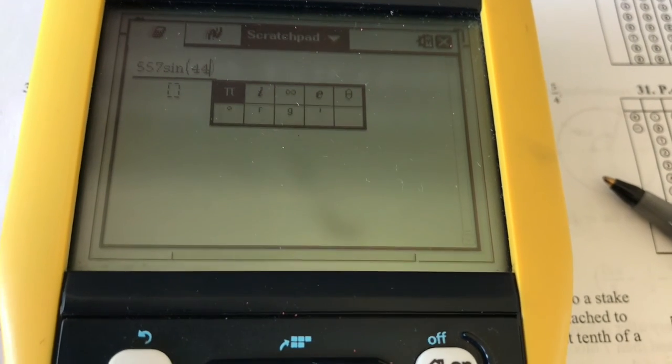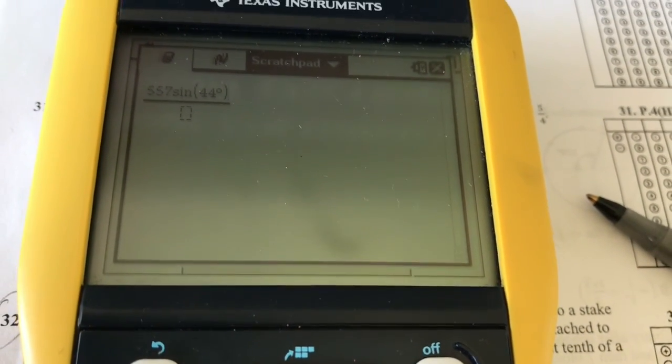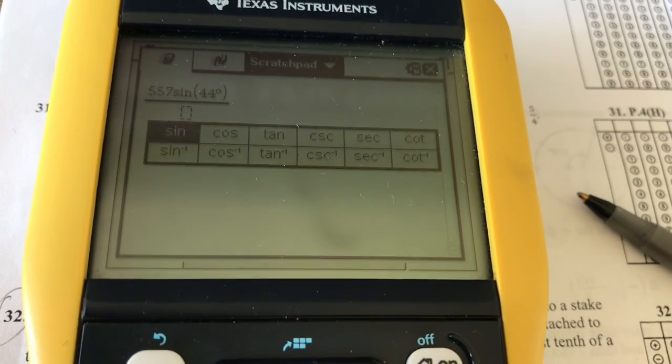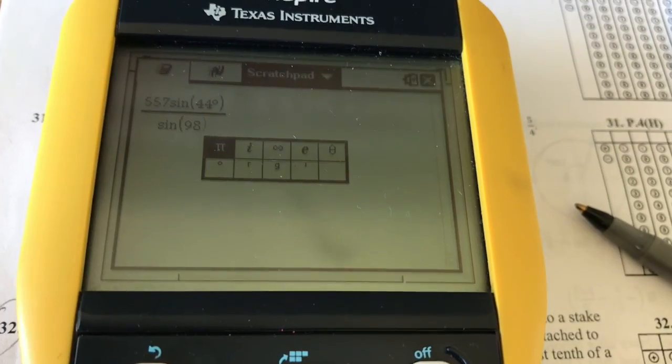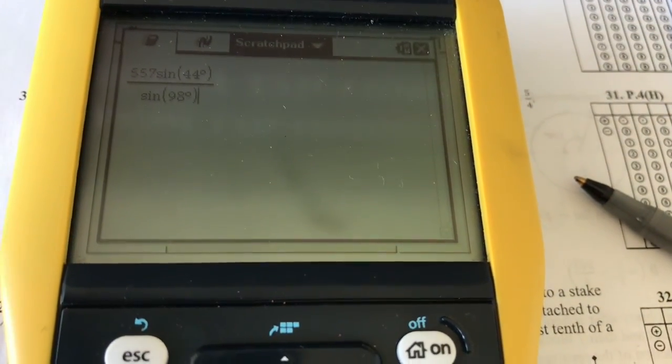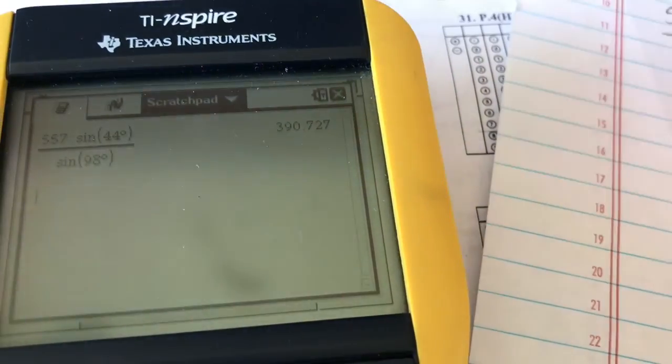Always remember to put your degree symbol on there. Then at the bottom put sine 98 with the degree symbol. Press enter, and it will give us this length for B.